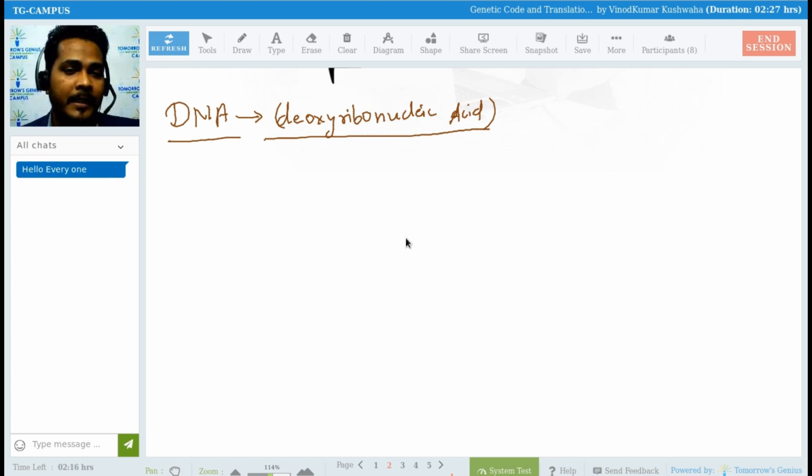So it's double stranded. DNA is simply double stranded. Let me draw the picture. So DNA is double stranded, that means I can draw one simple figure.